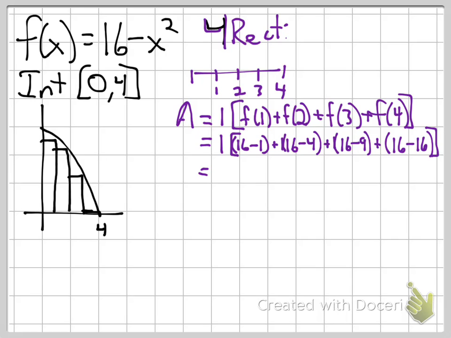So what I get here, with the 1 out in front, is 15 plus 12 plus 5, not 5, it'd be 7, and 0. So together, looks like we have 15 and 12 is 27, plus another 7 is an area of 34. Now, that was 4 rectangles. Let's take a look if we had 8 rectangles.